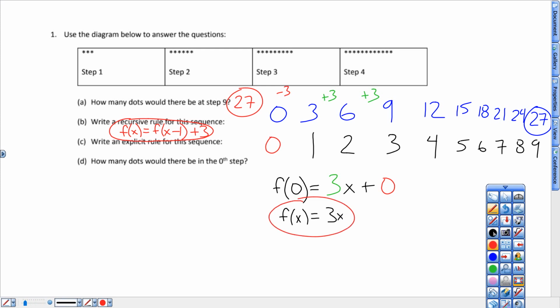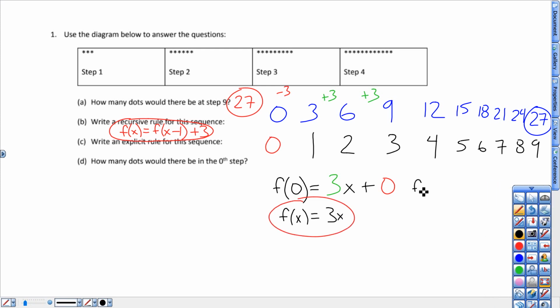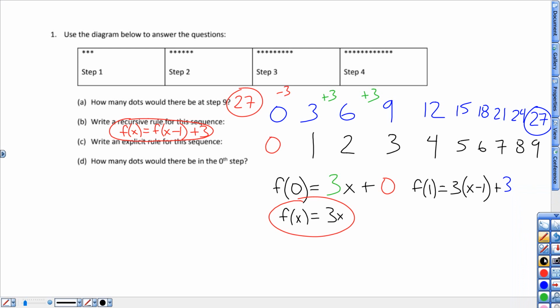If I'm using first term explicit, remember, first term would be 3 times x minus 1 plus that y-value, which is 3, not the y-intercept. And again, these are the same, even though these look different, even though one function is just 3x and the other is 3 times (x minus 1) plus 3.